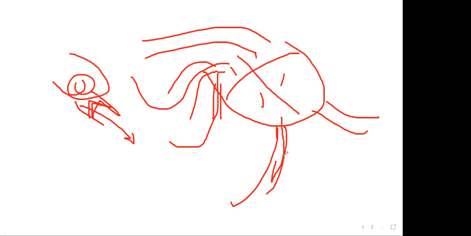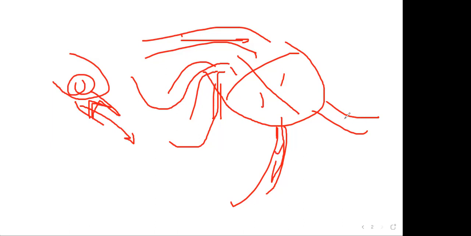Here the pulmonary artery is carrying venous blood, deoxygenated blood. And the pulmonary vein is carrying oxygenated blood. This reversal is here only, not in other parts of the body. So this is very important.